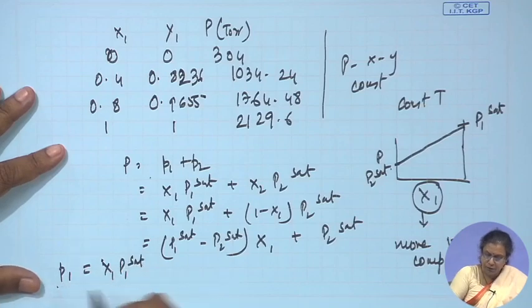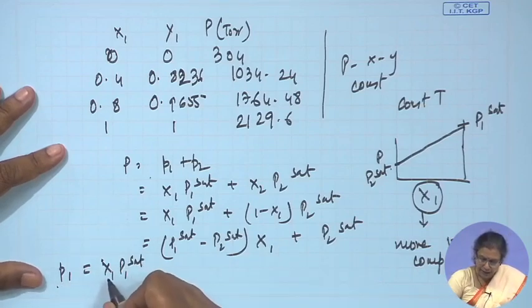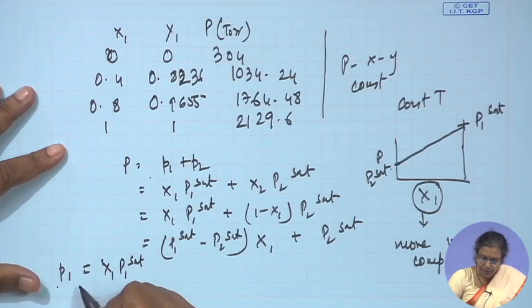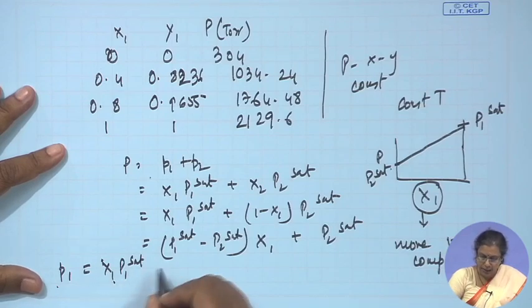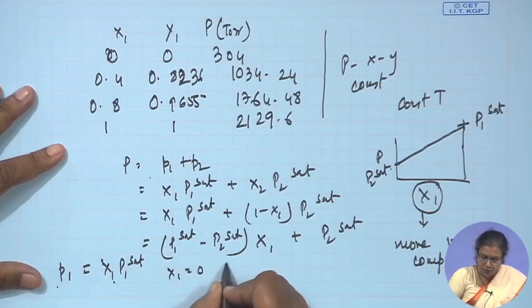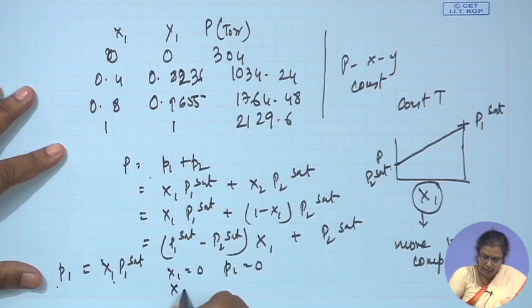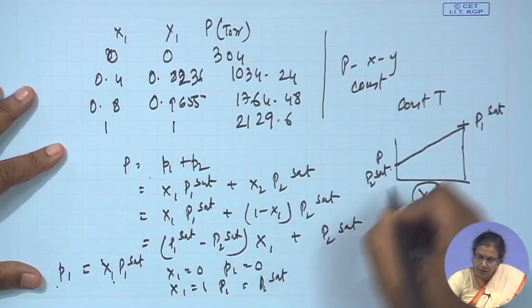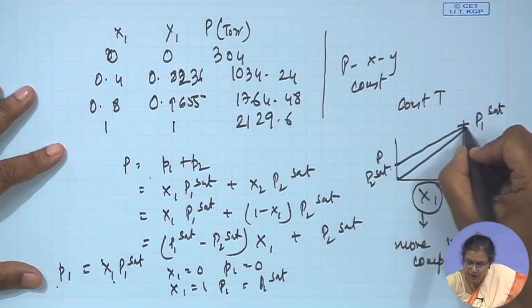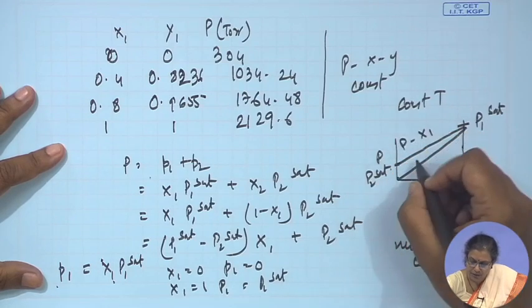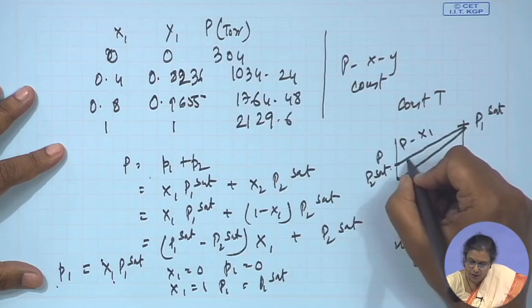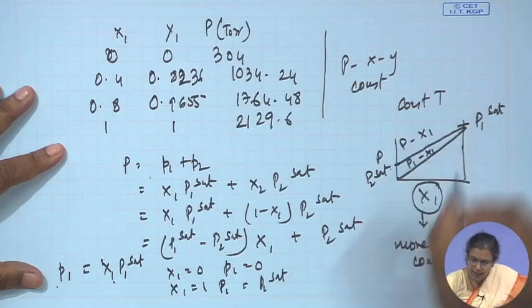So, naturally, if you are varying x1, then we know that P1 versus x1 should be linear, and at x1 equals 0, P1 equals 0, at x1 equals 1, P1 equals P1 saturated. So, this is the variation of P versus x1, and this is the variation of P1 versus x1.